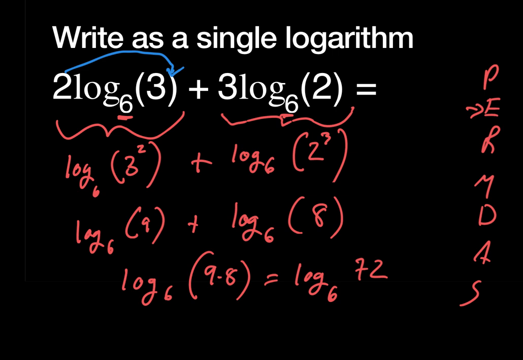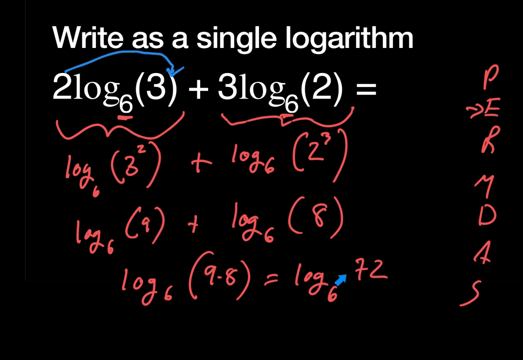The only thing left at this point would be asking myself, do I know off the top of my head 6 to a certain power that would equal 72? 6 squared is 36. 6 cubed is way bigger than that, so the answer is no. So at this point, I would be finished because the question says, write this as a single logarithm.